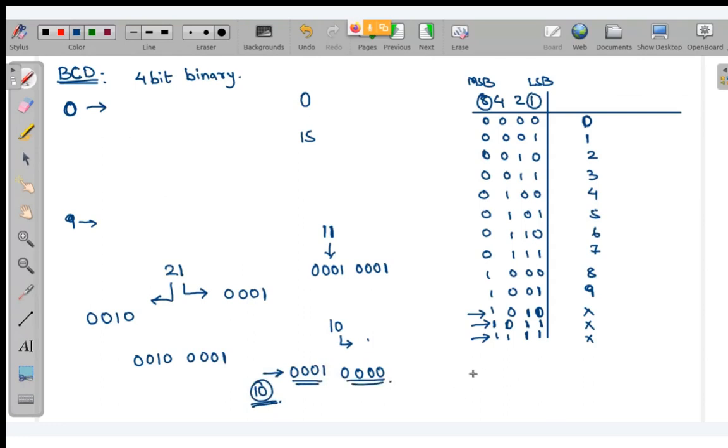Here with 4 bits we can denote 10 as 1010. This is invalid in BCD, so I am putting a don't care or a cross over here. Don't cares are all those cases in your Boolean expression which do not occur. Now did you understand?